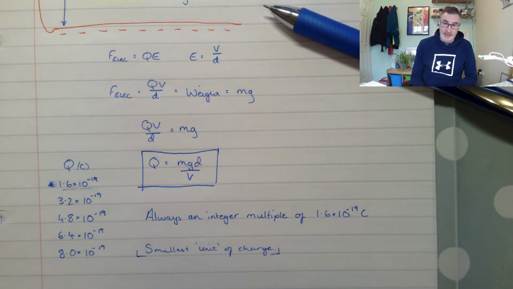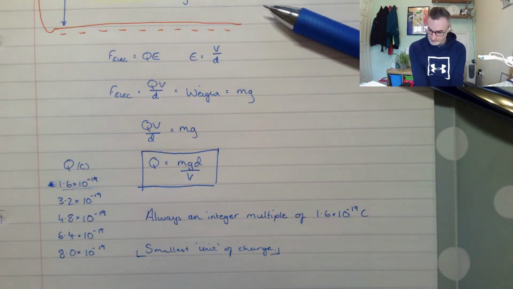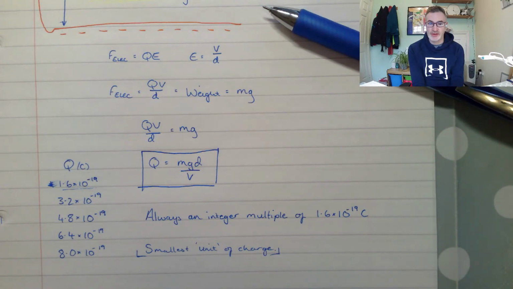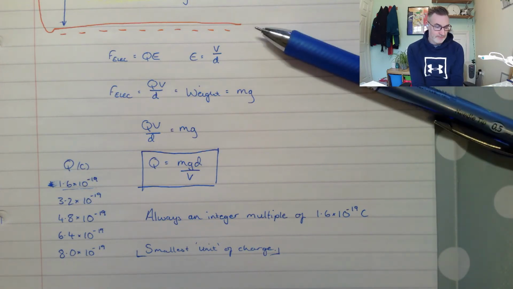But the fact is that these quarks do not ever exist on their own, and they will always combine to form an integer multiple of that same unit, 1.6 times 10 to the minus 19. So we would say that yes, the smallest unit of charge that you can have is 1.6 times 10 to the minus 19 coulombs. Okay, so we'll now look at a worked example.